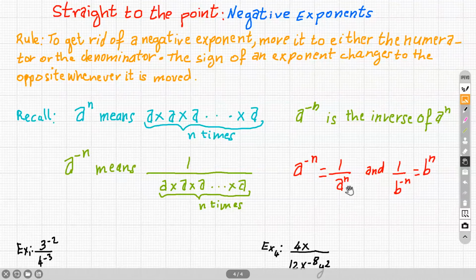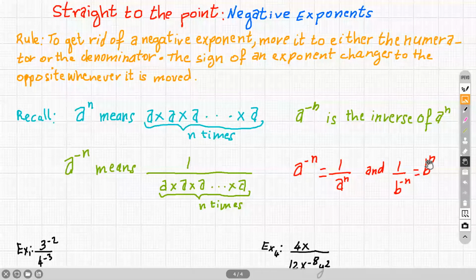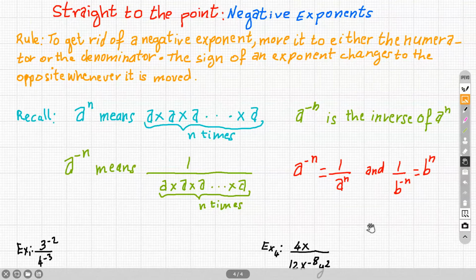In short, whenever I want to change the sign of an exponent, if it is in the numerator, I move it to the denominator, and if that exponent is in the denominator, I move it to the numerator and the sign will change.